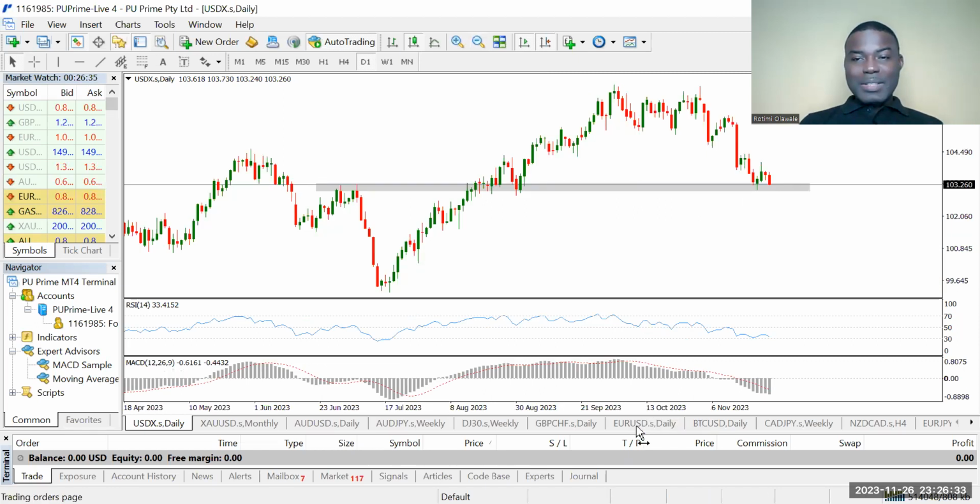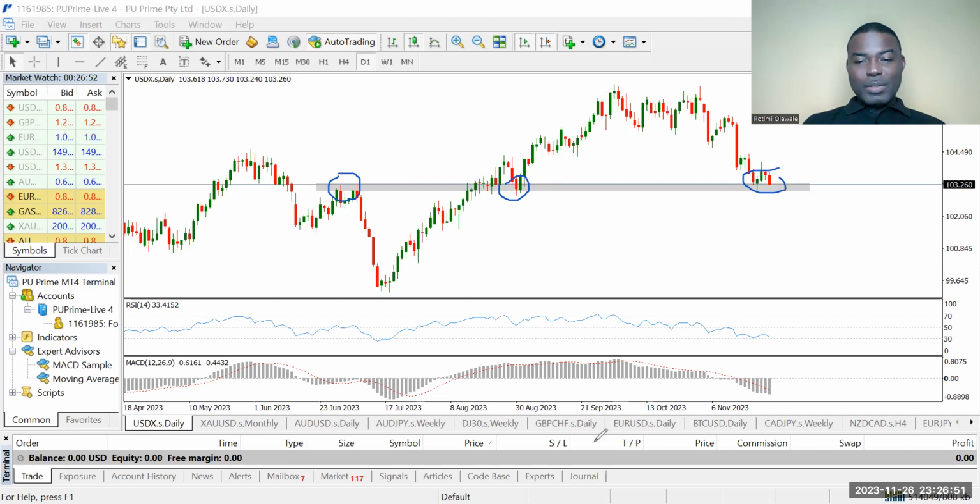So there's the dollar index on the daily time frame, and we see that price is just exactly on a key level. At a point, this was actually a resistance, then later on it turned to a support, and currently it is also a support level.